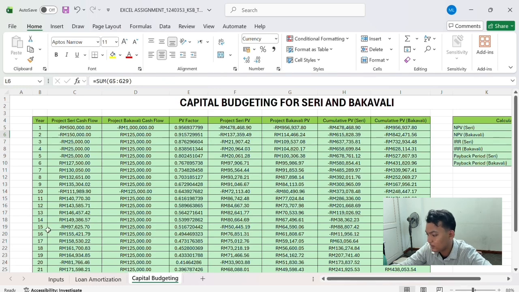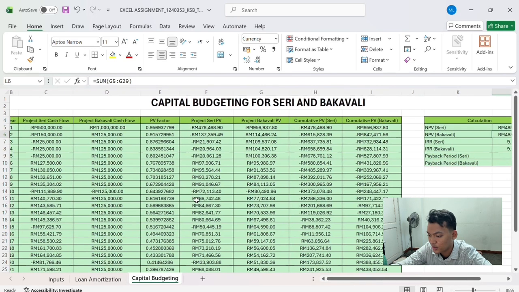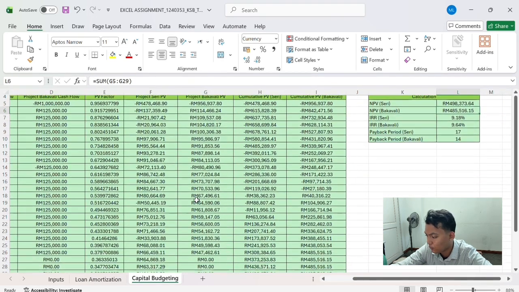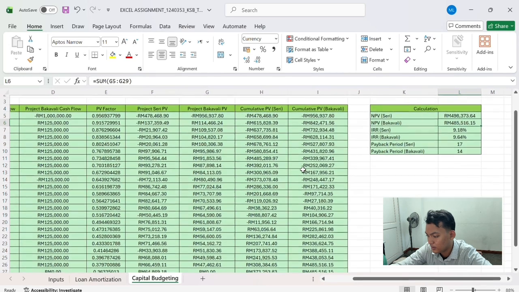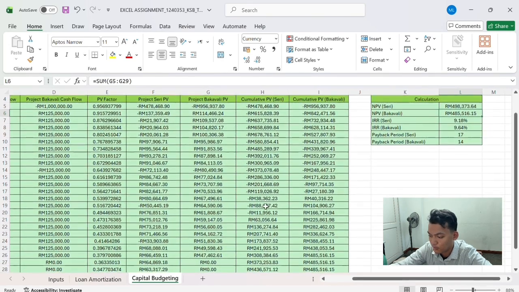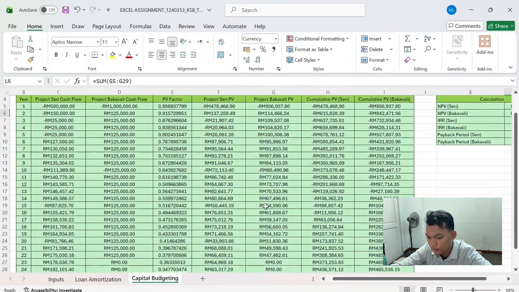And the third question asks us to determine the present value payback period, at which the discounted cash inflow fully recovers the initial present value for each project based on the target rate of return.